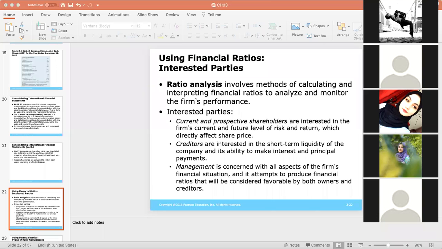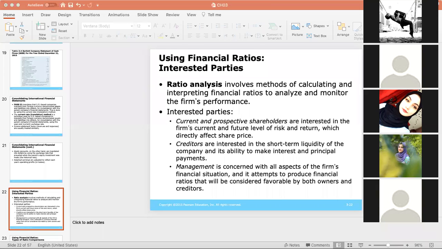Yes, this is the stakeholders. Everyone has an interest in the company. Even the stockholders are part of the stakeholders. So the banks or creditors, the managers, the board of directors, the customers, and sometimes the suppliers are stakeholders, and they are interested to know about the company.